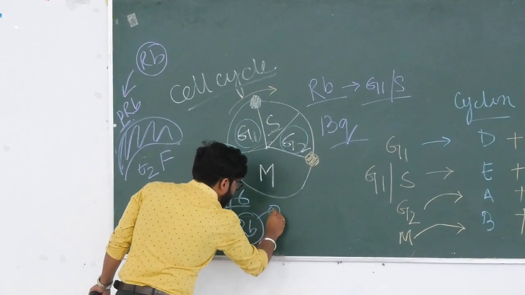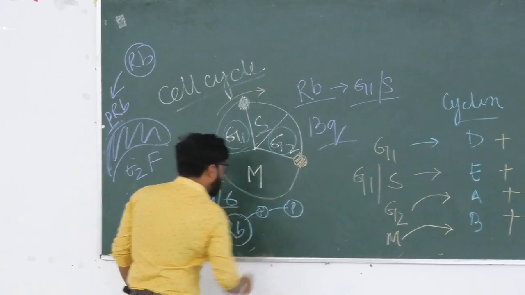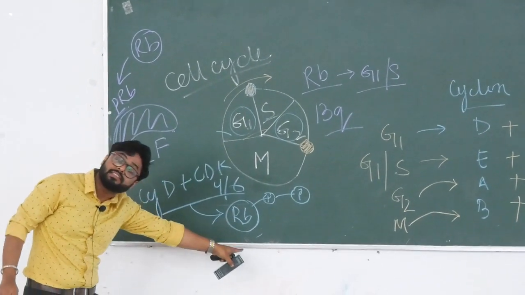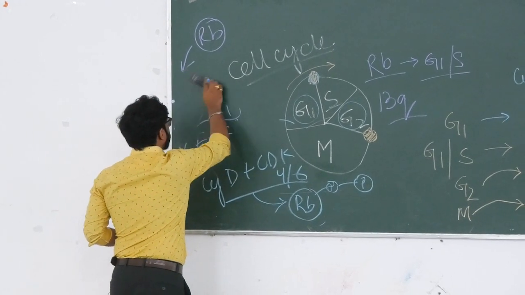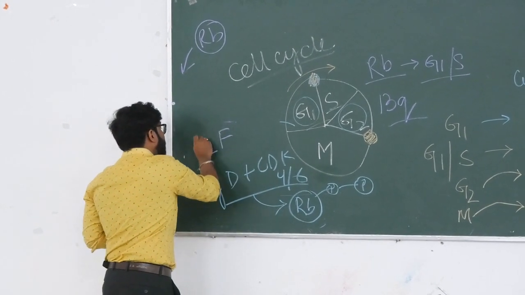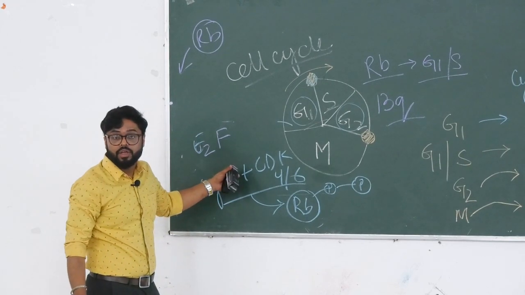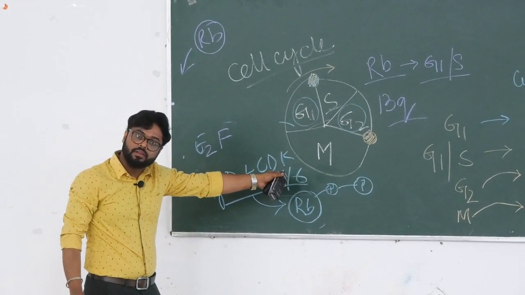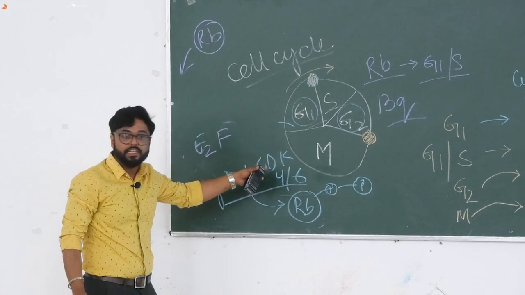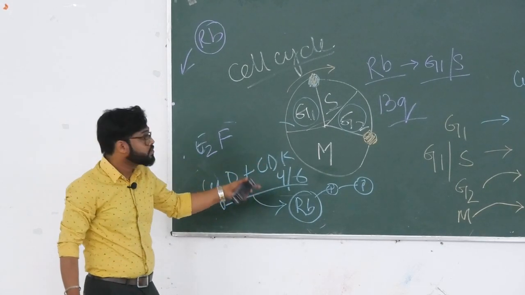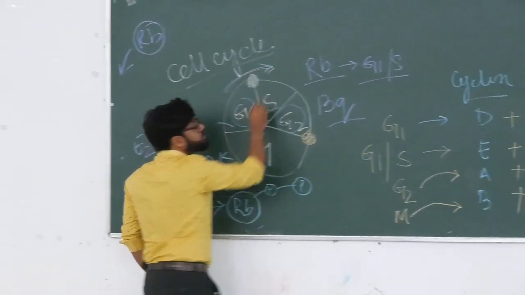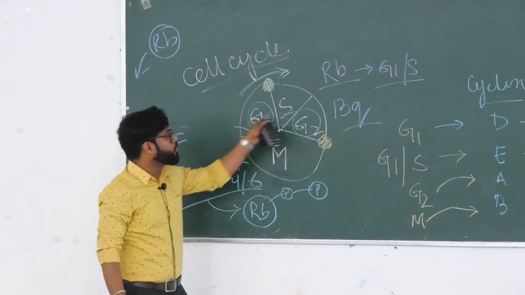That means it gets phosphorylated and it becomes inactive. So this nuclear factor is free. Now E2F is active, that is, it can bind in the promoter region and it can synthesize the protein. So this transition is very important in this stage.